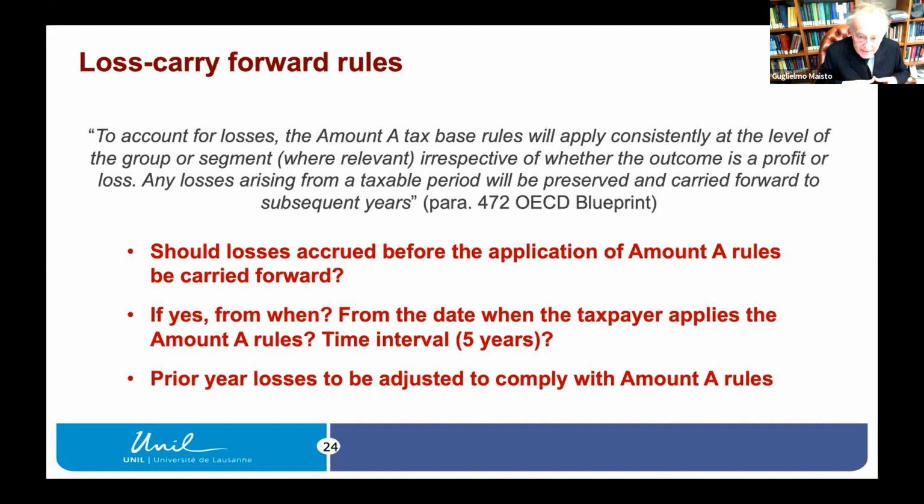And the second point is from when to have the loss carry forward mechanism taken into account. I would find it obvious to consider that only from the date the taxpayer has to enter into the AmountA rules, and not when the AmountA rules really come into effect in general, so on a taxpayer basis. Then the next point on which I would solicit comments is the time interval.